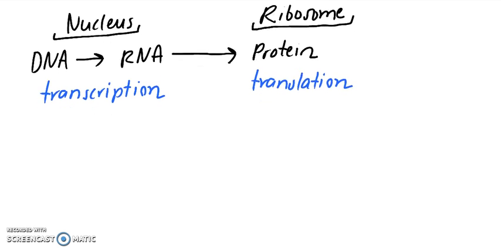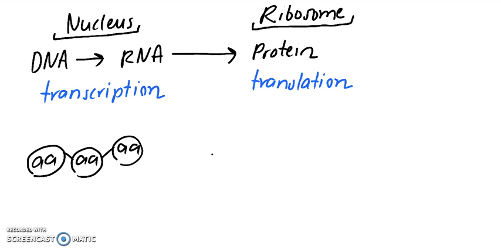The last step is our newly formed chain of amino acids. Before it is called a final protein product, it is going to go through the organelle known as the Golgi apparatus.